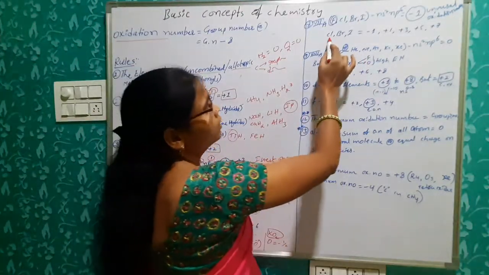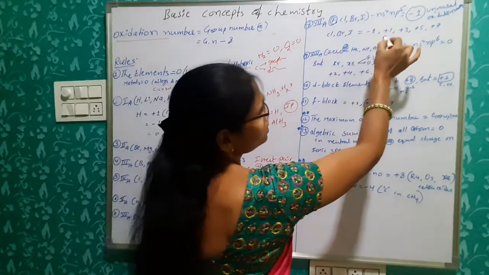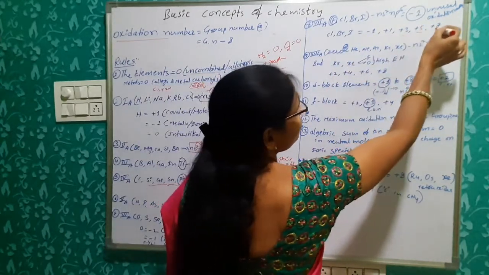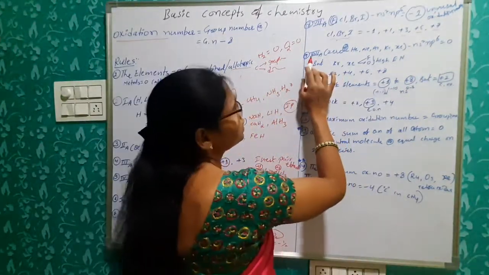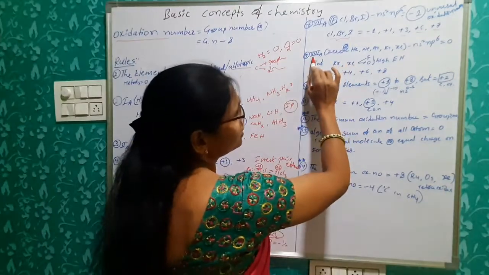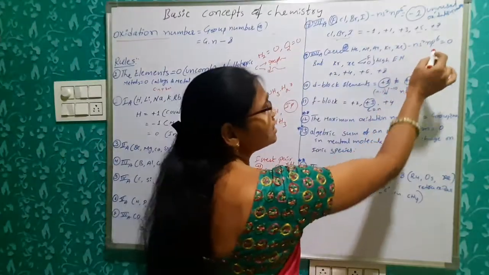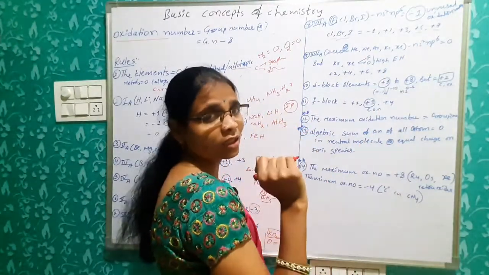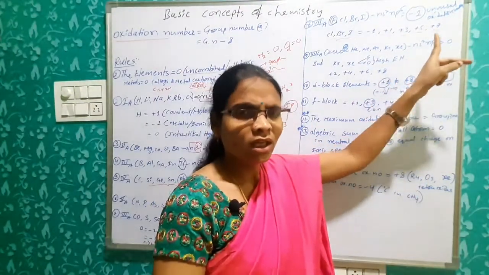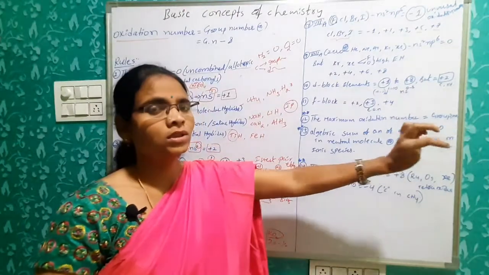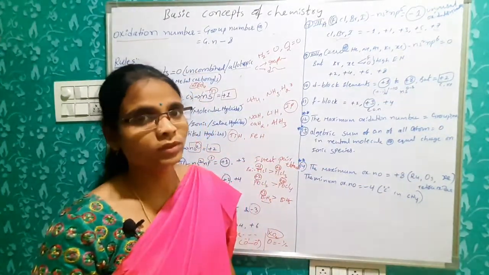Now the remaining elements chlorine, bromine, iodine, along with minus 1, show plus 1, plus 3, plus 5, plus 7 oxidation numbers. Okay. 0 group elements or 8A group elements: helium, neon, argon, krypton, xenon. They have ns2 np6 electronic configuration, a stable electronic configuration, so they show 0 oxidation number. They have no need to involve in chemical bonding, no need to lose or gain electrons.